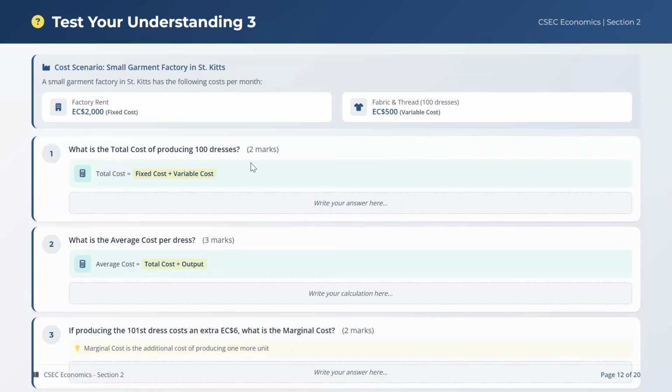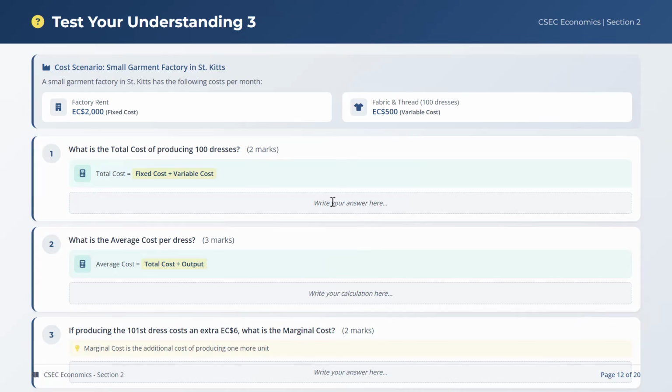What will be the total cost? Anybody? 2,500, right? If it's 100 dresses, what would be the average cost? How do you calculate it?